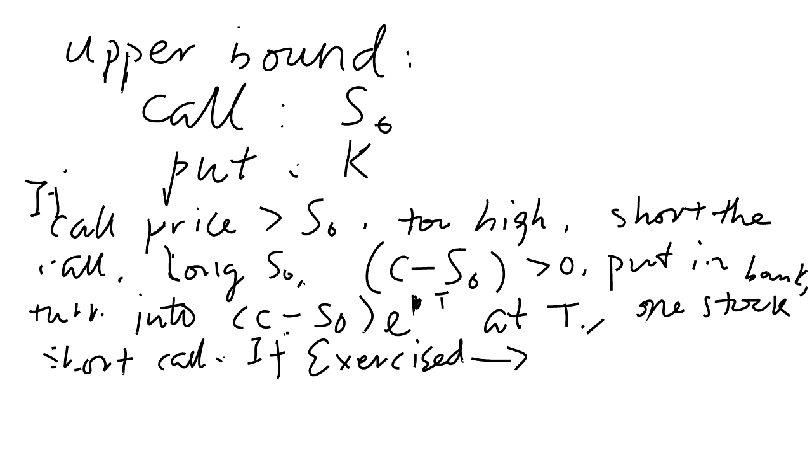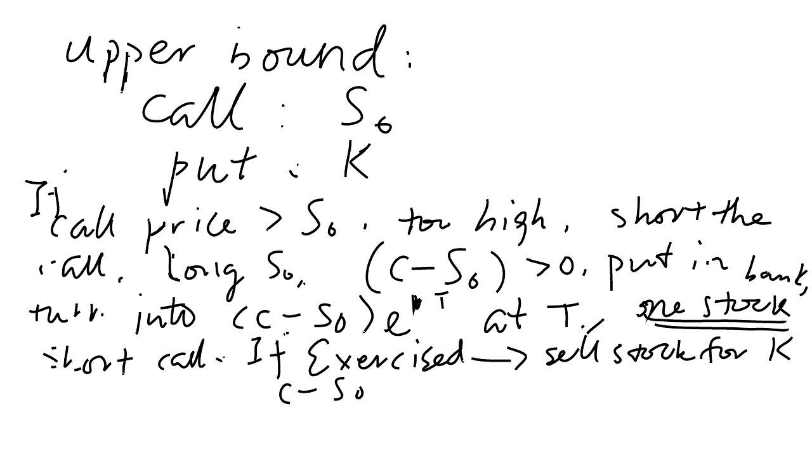So you sell this one stock that you're actually having, and get strike price for the stock. So overall, you are going to have C minus S0 exponential RT plus K. See, this first term is positive, second term is positive, both of them positive.